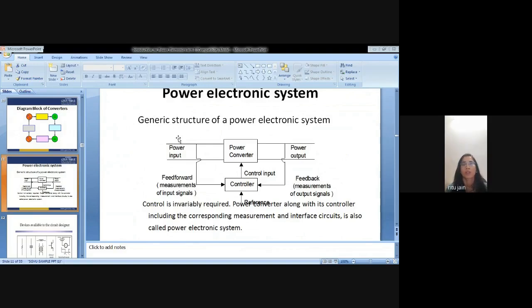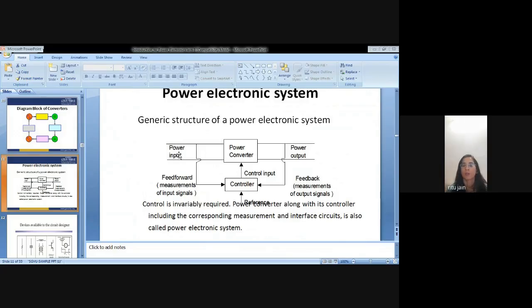The generic structure of a power electronic system, you can see in the diagram, this is your power input. Power input is converted into power output by the use of a converter. We have already seen the block diagram of the converter.